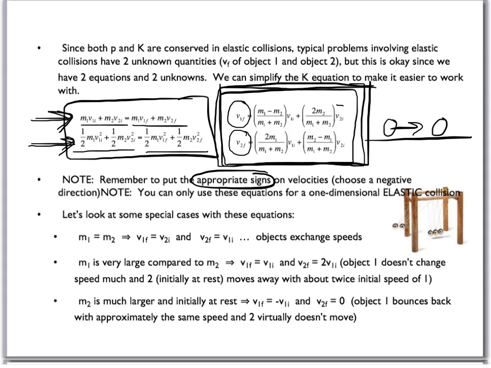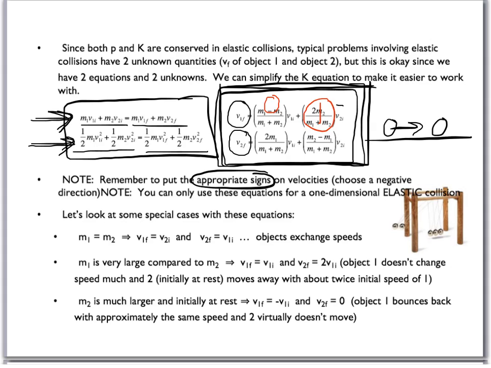So let's just look at a couple of special cases with these equations before we are finished with this section here. What would happen if M1 and M2 were the same size? When we take M1 minus M2 in this equation here, this whole thing would turn out to be a 0. And this would essentially come out to be a 1.